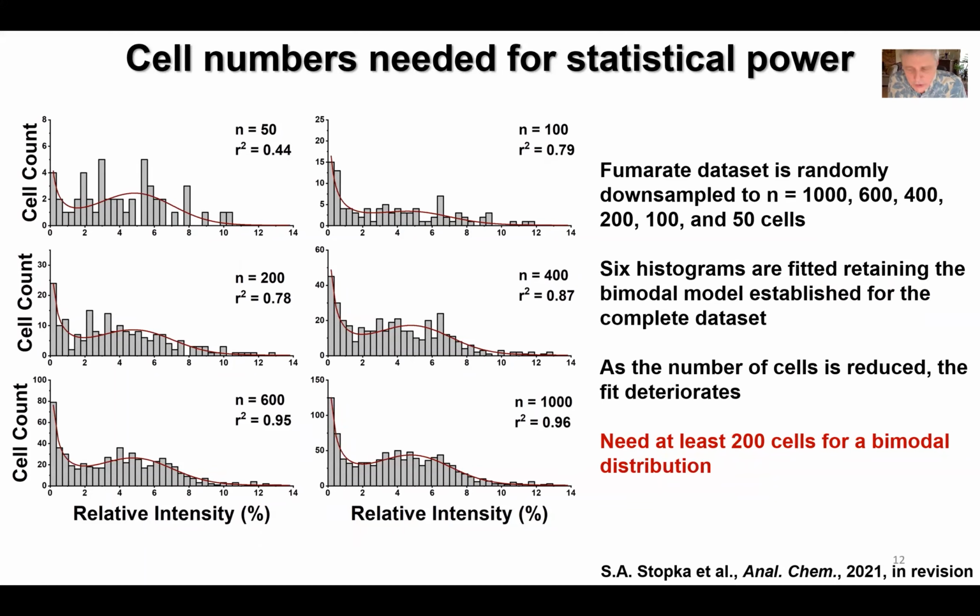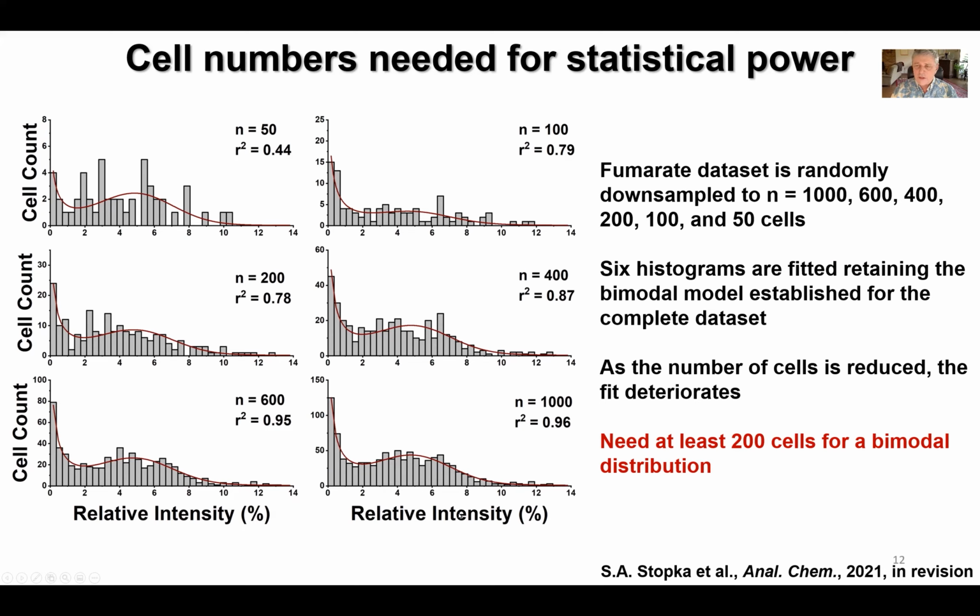The next question we wanted to explore was, how many cells were really needed to have reliable statistics to determine these distributions. In this example, we took the fumarate data set, all 1,000 cells, and we knew that this actually exhibited a bimodal distribution. It's shown down here.